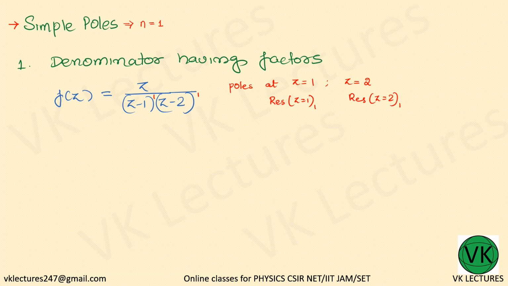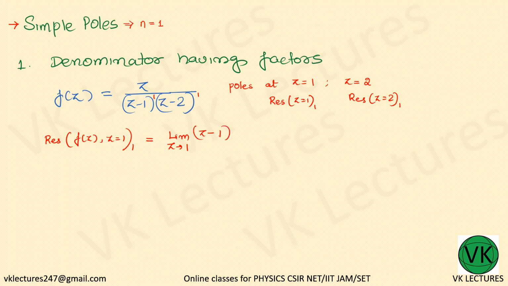So let's do the first one at z equal to 1. The residue of the function f of z at z equal to 1 is given by the limit z tends to 1 of z minus a, that is z minus 1, into f of z.